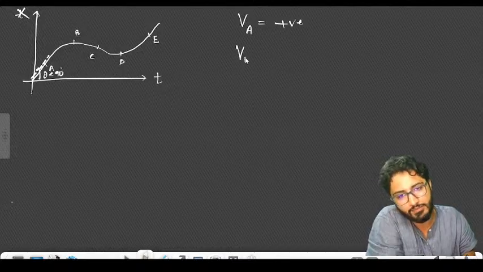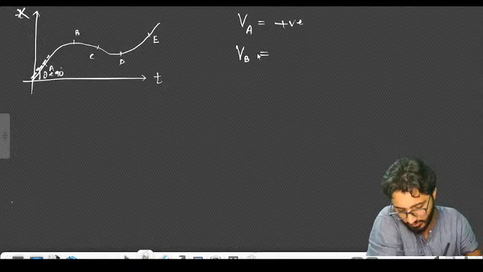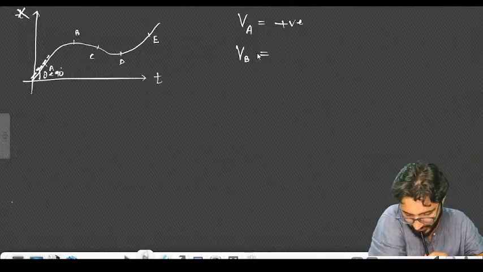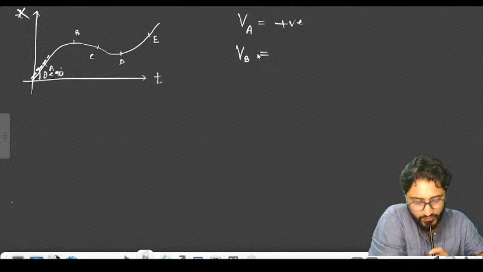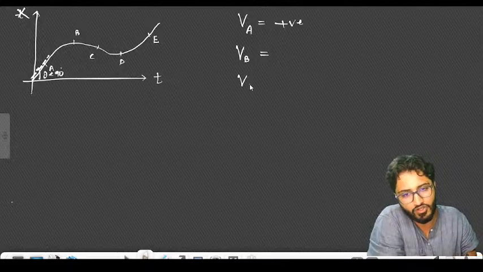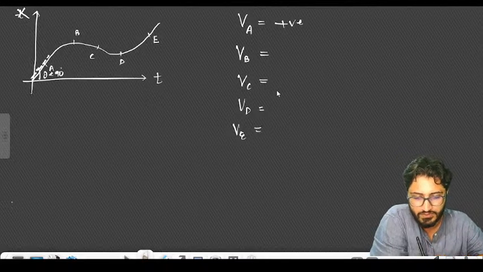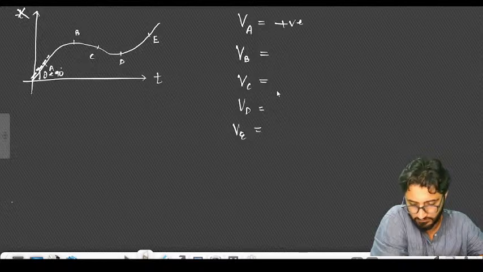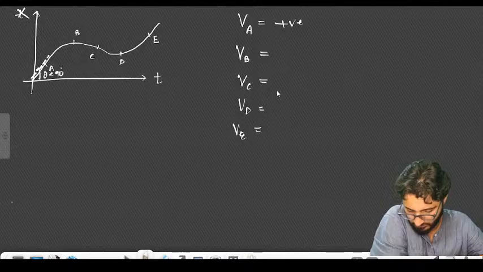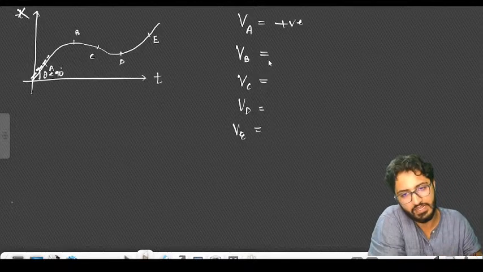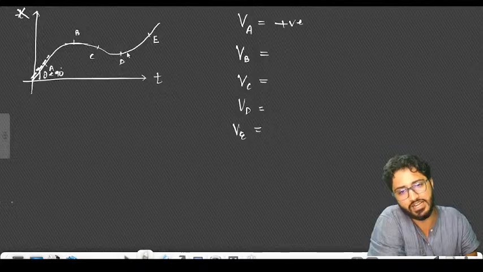What is velocity at B? Positive, negative, zero. You're correct. In the same way, velocity at C, velocity at D, velocity at E. Perfectly. Velocity at B is zero. Why? Because it is a straight line, zero.